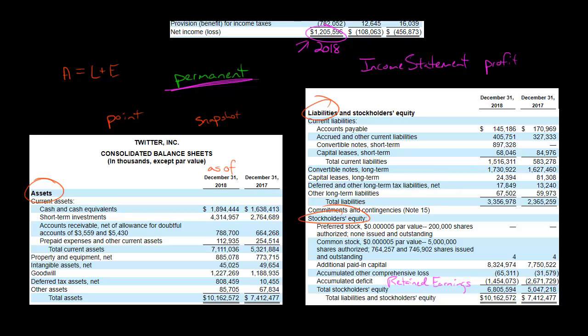Now, if you're very astute, you might notice that this number minus this number does not equal this number right here. It's close, but it's not exactly equal. If you go to the notes, you'll see that the accumulated deficit account was also affected by an accounting rule change for the new revenue recognition rule. So sometimes this account is affected by things other than the company's profit or loss and dividends.